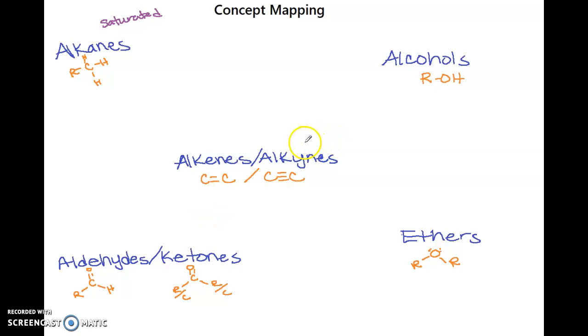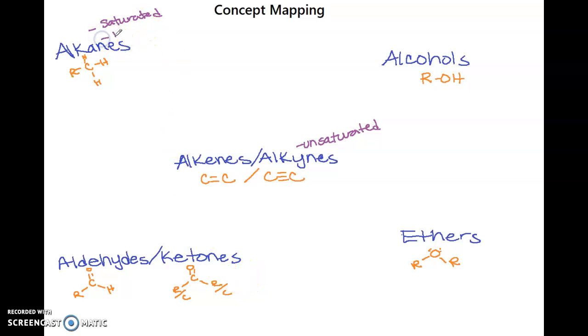Alkenes are specifically unsaturated. I'm just getting some properties off of them. And then alcohols, ethers, aldehydes, and ketones can be kind of a mix, though obviously these can't be fully saturated, so we have some degree of unsaturation in there as well.